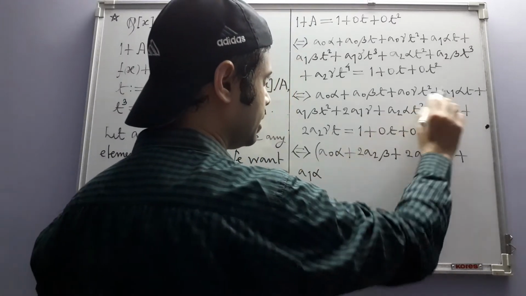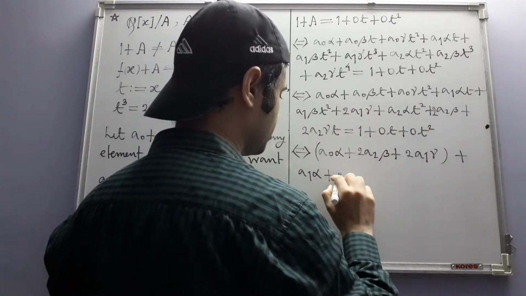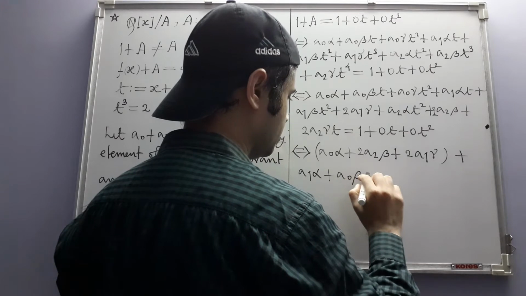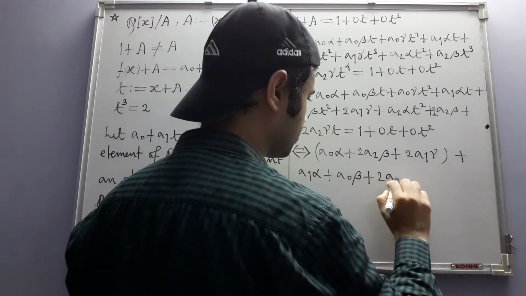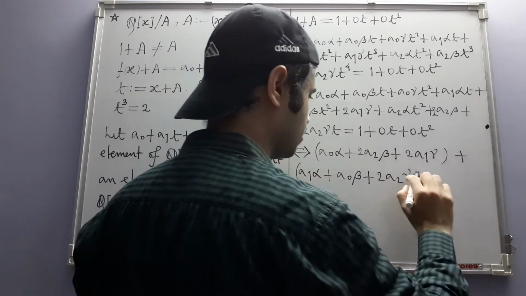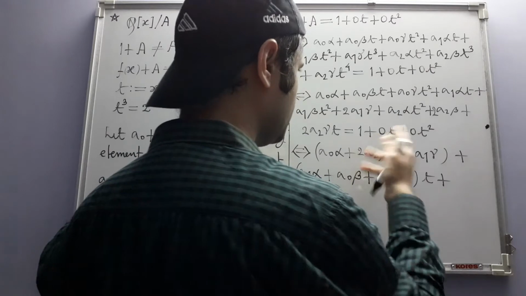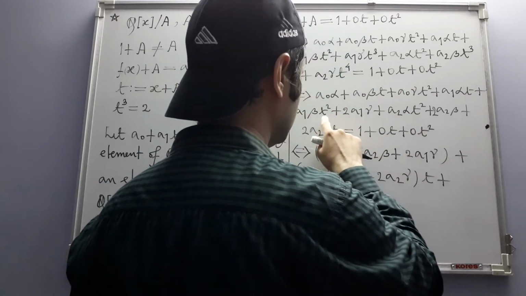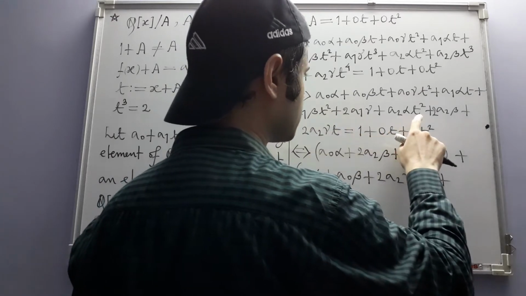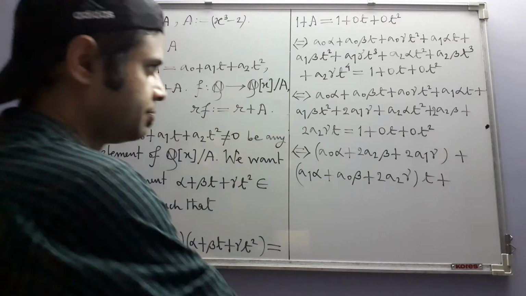So this is a1 alpha plus a0 beta plus 2a2 gamma t, plus then finally terms with t square. So where do we have alpha?